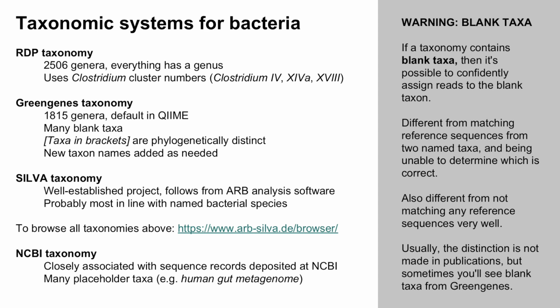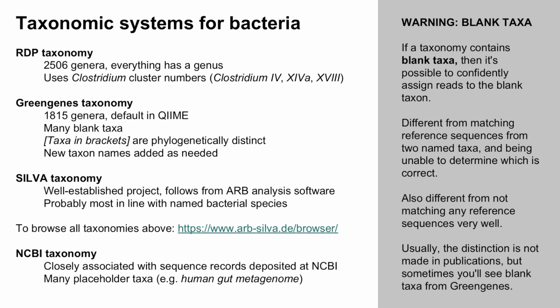And the Silva taxonomy is another version. So I think Mothur uses Silva by default. And so this is a really old project. It comes out of the European side, out of the ARB analysis software, and they hold a browser for all the taxonomies, so you can see them compared to each other. And then there's the NCBI taxonomy, which is mostly generated to hold sequences in GenBank.